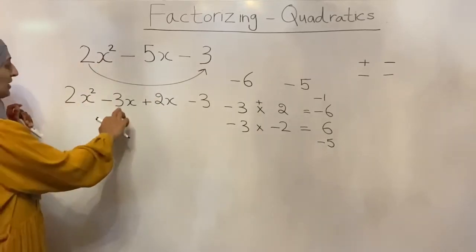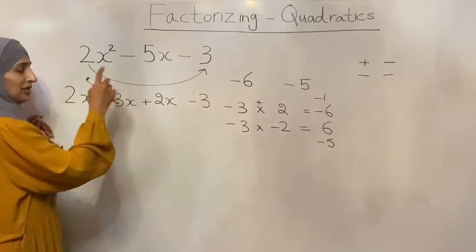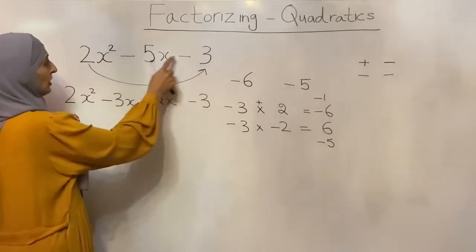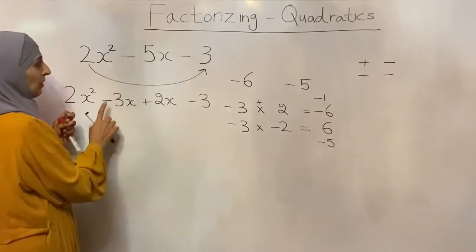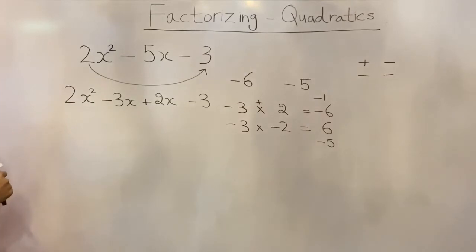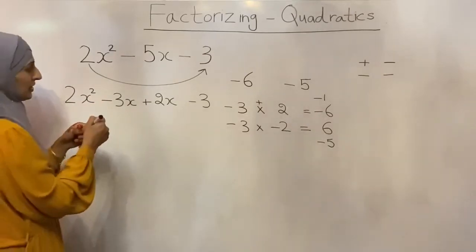No, minus 3 plus 2 equals minus 1. So I have to change. I've told you that when two numbers are minus, one will be the plus and one will be the minus sign. But this factor pair answer is wrong.